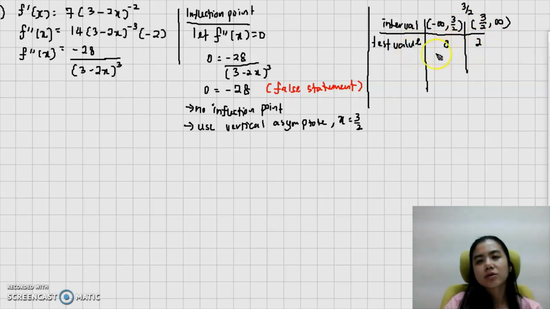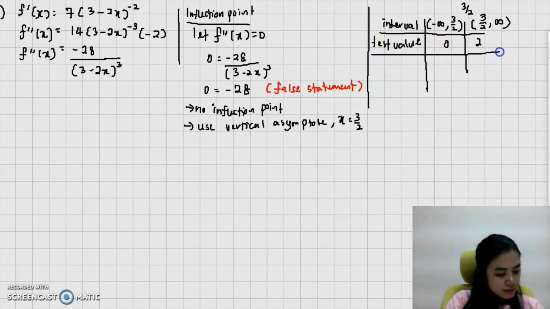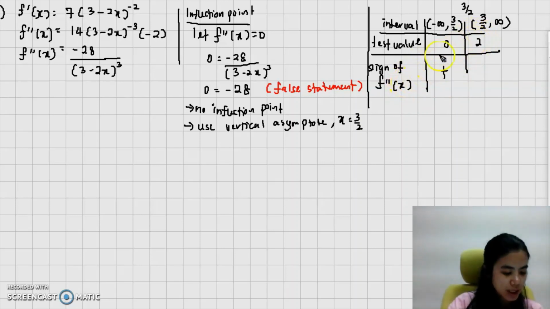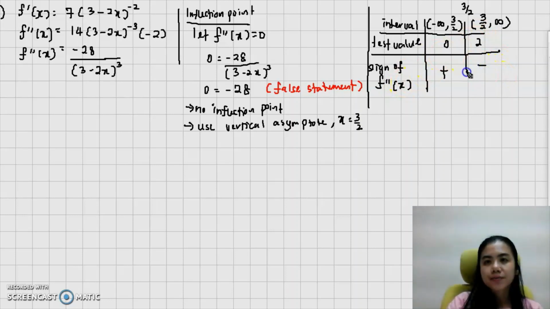You can put anything as long as that number is in that particular range. Now we check the sign of f double prime. Substituting x equal to 0, it gives a positive. Substituting x equal to 2, you will have a negative sign.